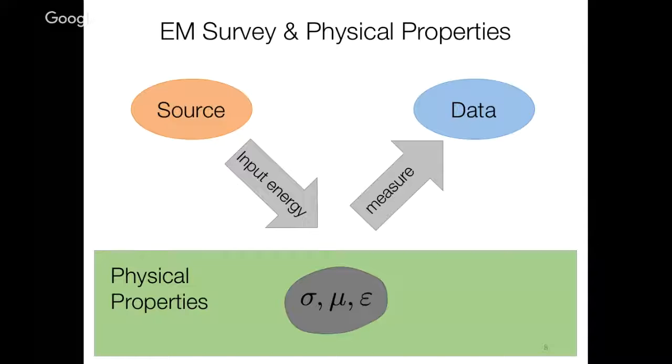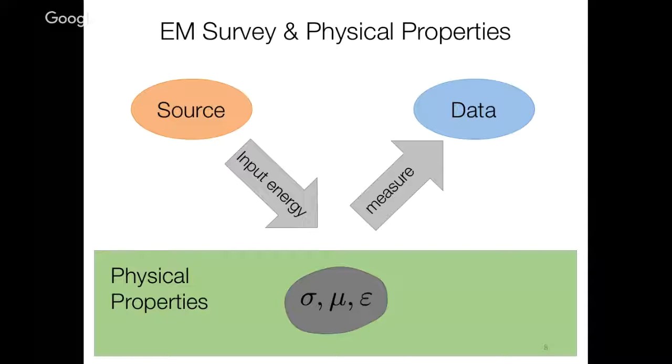Everything is governed by Maxwell's equations, which Sagi talked to you about. The physical properties that are potentially of interest in Maxwell's equations are electrical conductivity, or its reciprocal resistivity, the magnetic permeability, that's what we saw, magnetic susceptibility, and the dielectric constant.